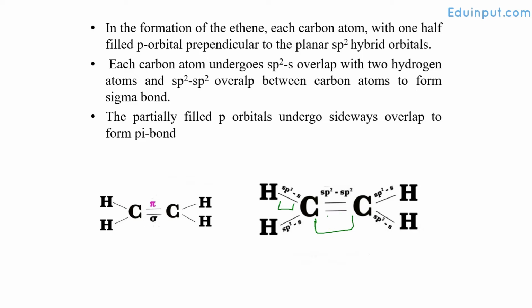The partially filled p orbitals undergo sideways overlap to form that pi bond. We are talking about this pi bond, and we know that a pi bond is always formed by the sideways overlap of two orbitals.